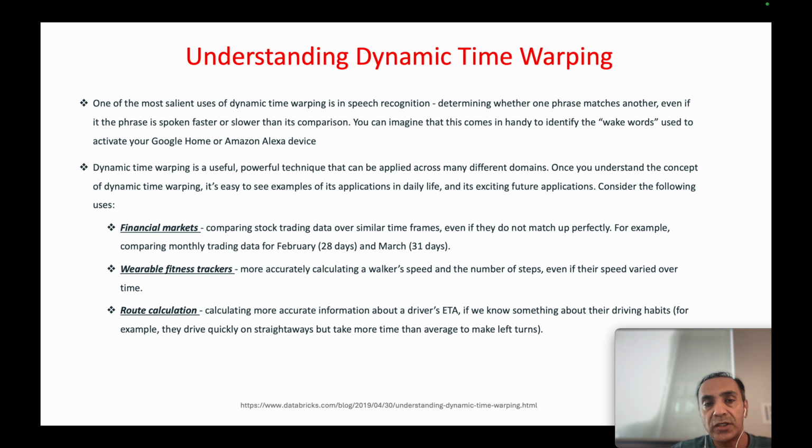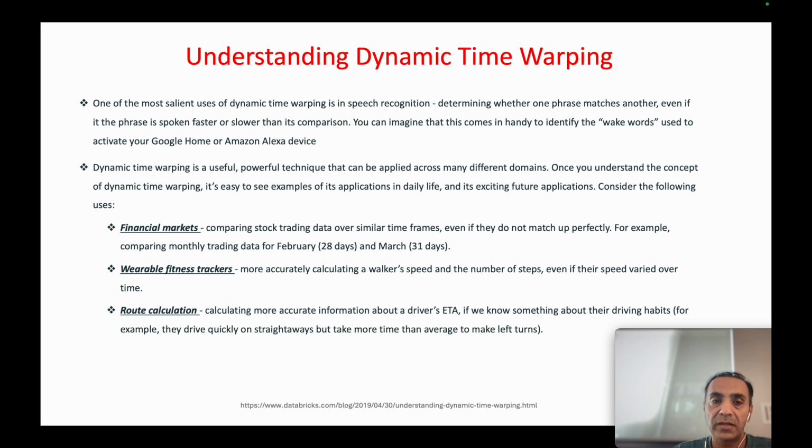Dynamic time warping is a useful, powerful technique that can be applied across many different domains. Once you understand the concept of dynamic time warping, it is easy to see examples of its applications in daily life and its exciting future applications. Consider the following use cases.